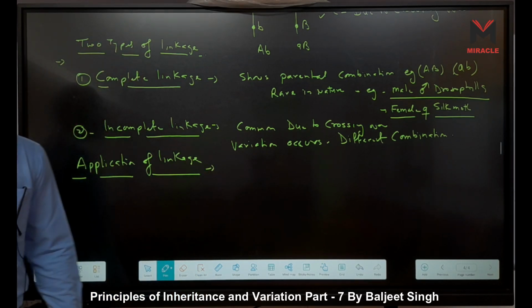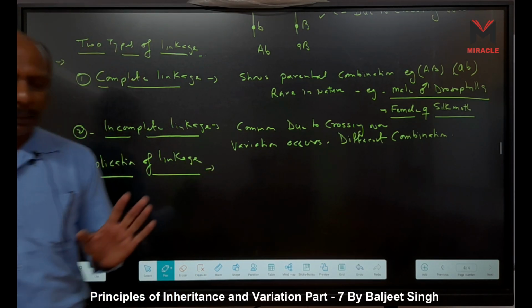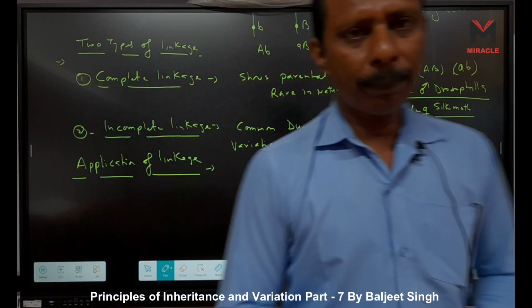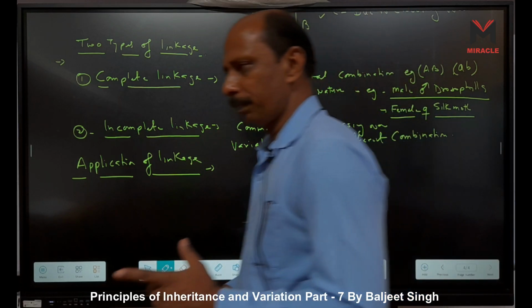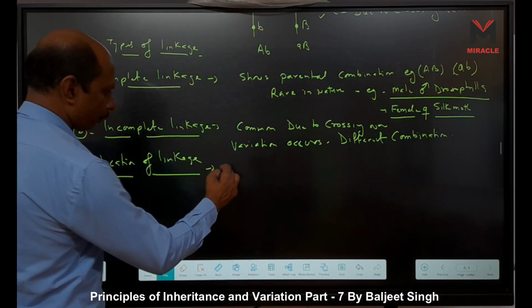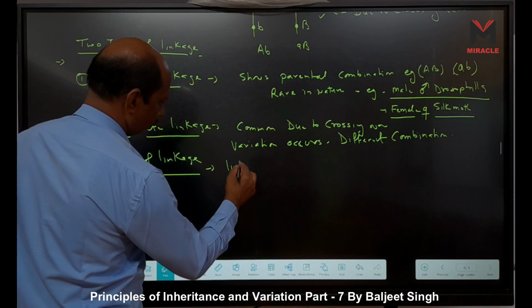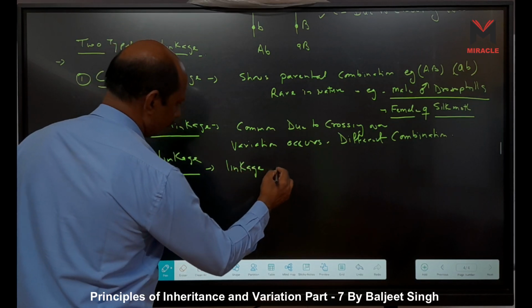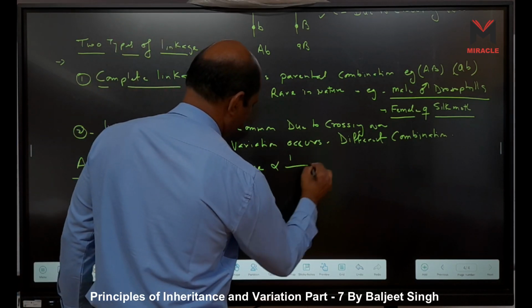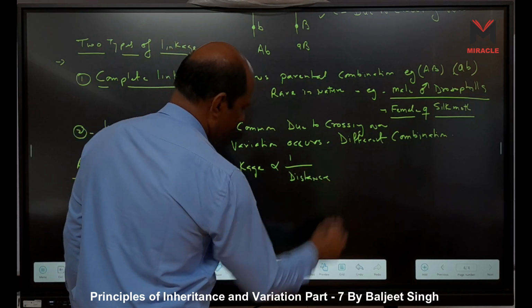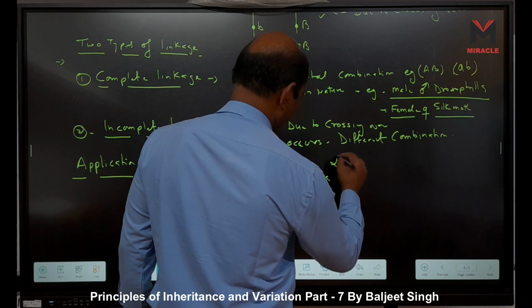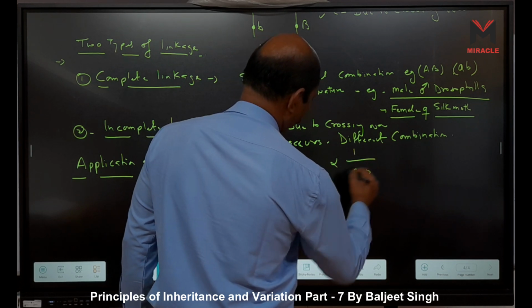Because we know the strength of linkage means what happens? It is inversely proportional to distance, right? We can say linkage is inversely proportional to distance, or we can say also crossing over.